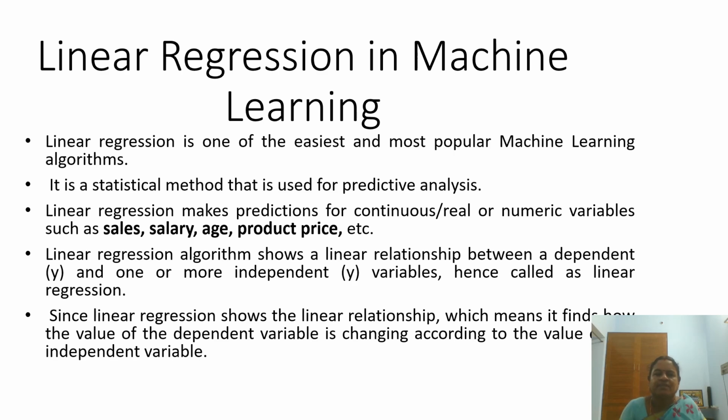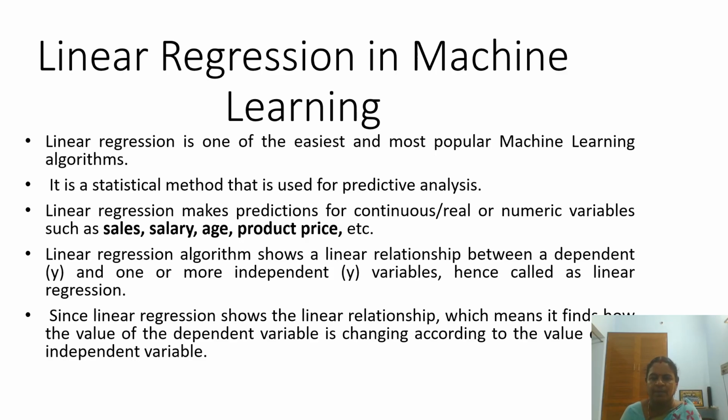To start with, we can discuss linear regression and how it functions in machine learning as well as deep learning. Linear regression is one of the easiest and most popular machine learning algorithms. It is a statistical method that is used for predictive analysis.